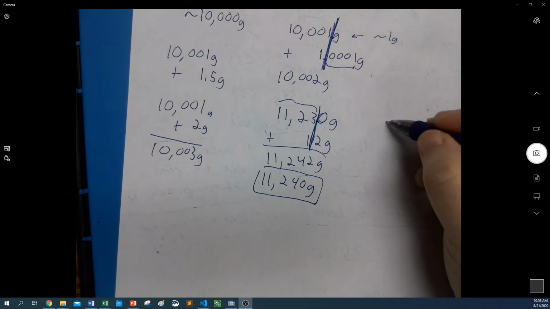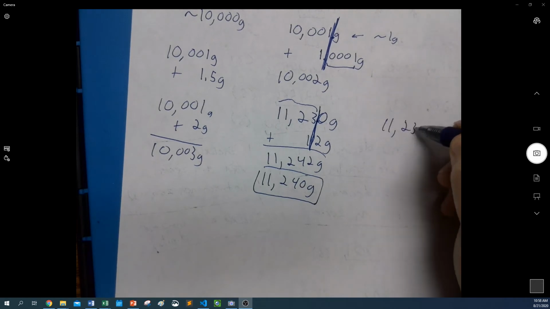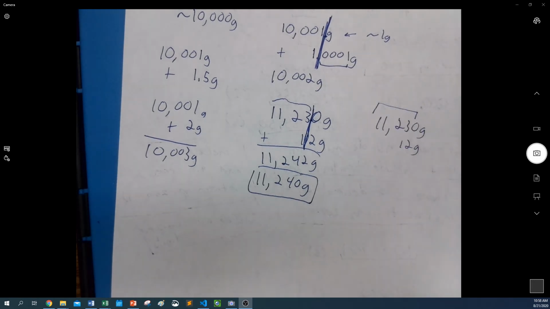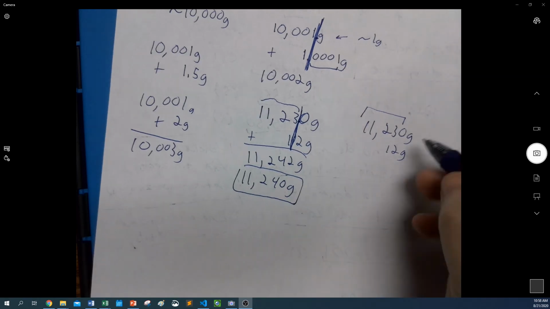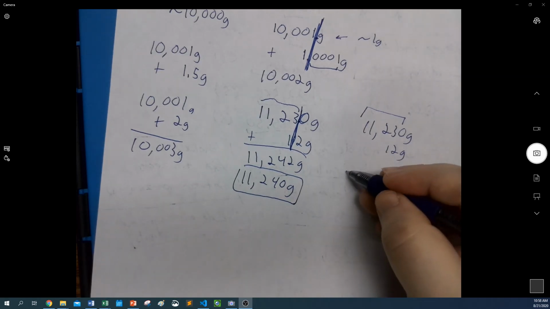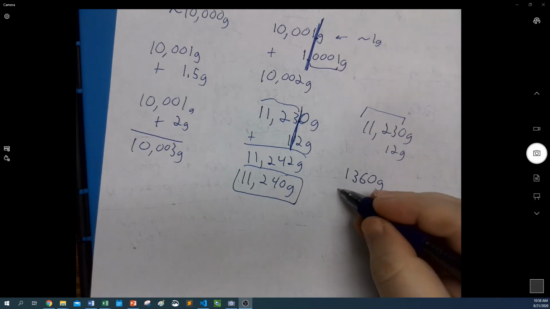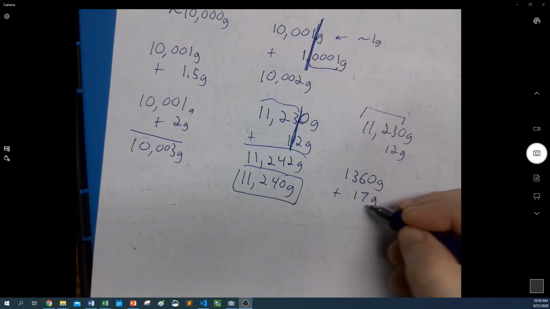So 11,230 grams plus 12 grams. It's only accurate to right here. Yes. Let's do 1,360 grams plus 17 grams.